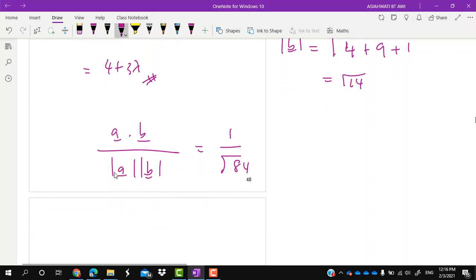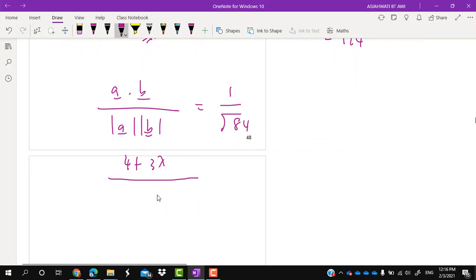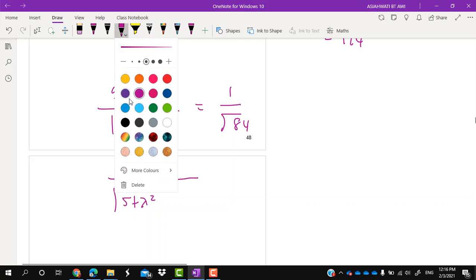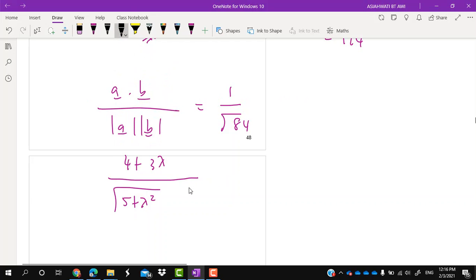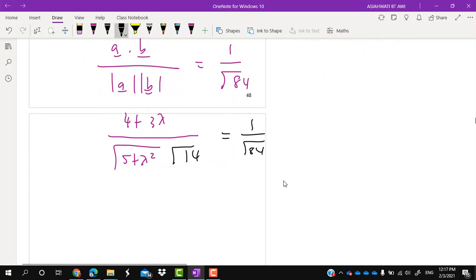Substitute: 4 plus 3 lambda over modulus A, which is square root of 5 plus lambda squared, and then modulus B is square root of 14, is equal to 1 over square root of 84. Then simplify.